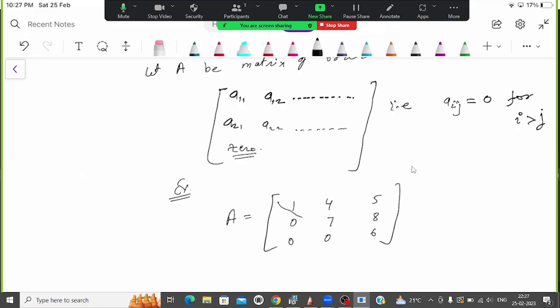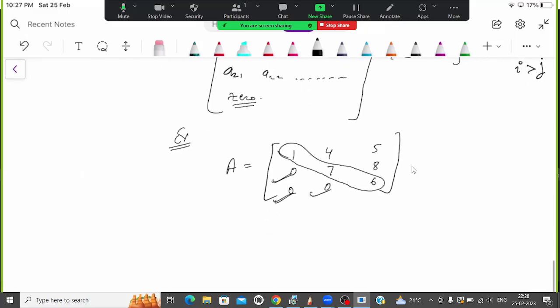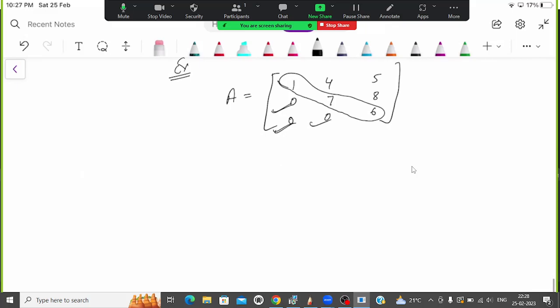So this is the diagonal element, and below the diagonal elements all elements are 0. So this is the upper triangular matrix, meaning below the diagonal all elements will be 0. Similarly, you can guess what the lower triangular matrix will be.